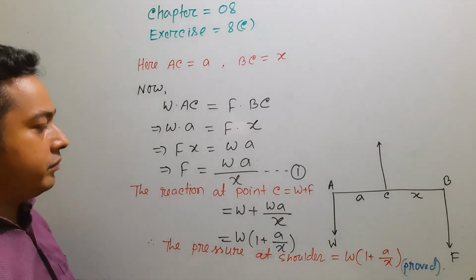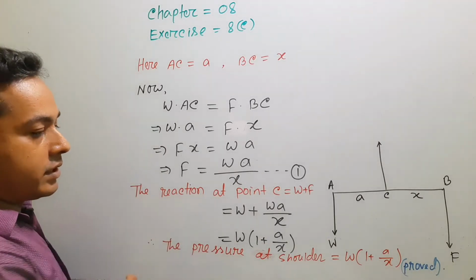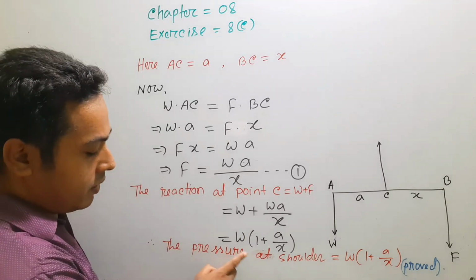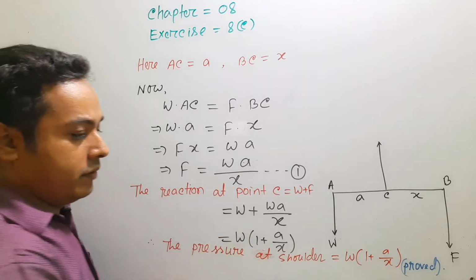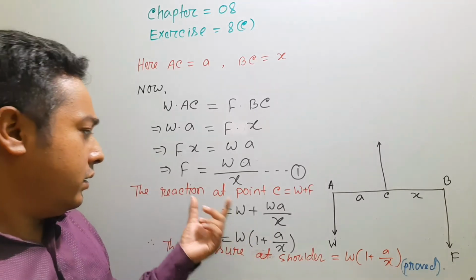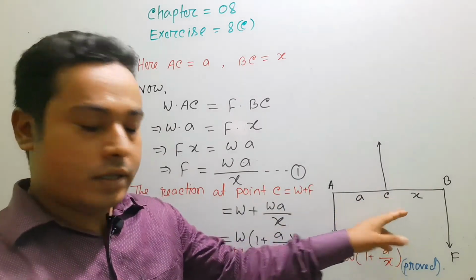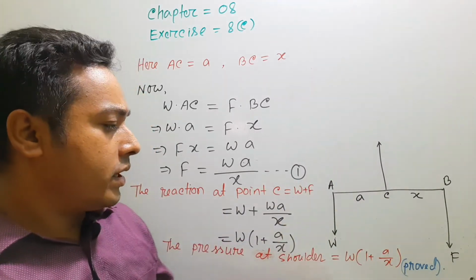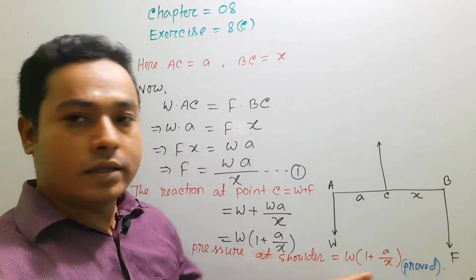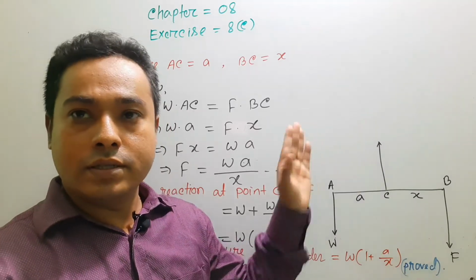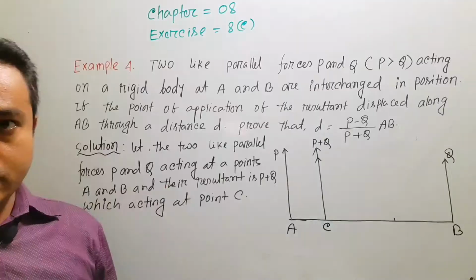Okay, dear student, this reaction is called the pressure at the shoulder. We can say the reaction at point C is the pressure at the shoulder, which is equal to this, and this is our proof of this example.